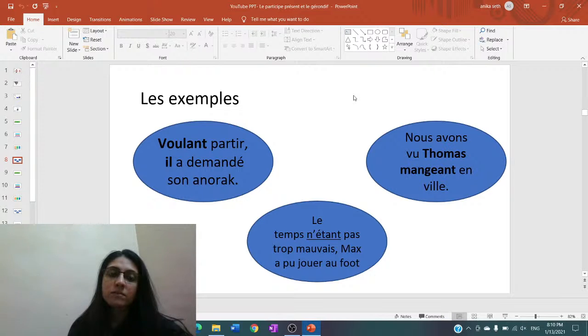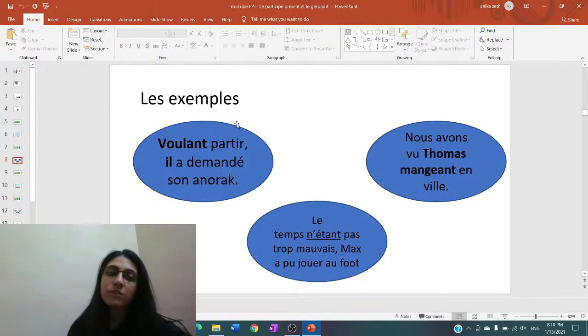Les exemples. Voulant partir, il a demandé son anorak. Now see the verb over here. Voulant is placed in the present participle form. So how have we formed this present participle? This is the verb vouloir.